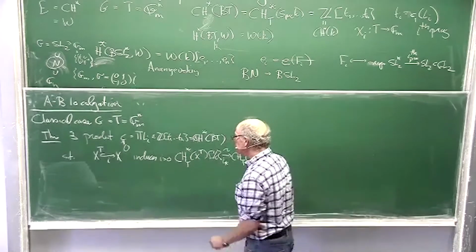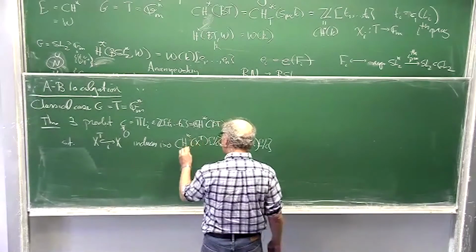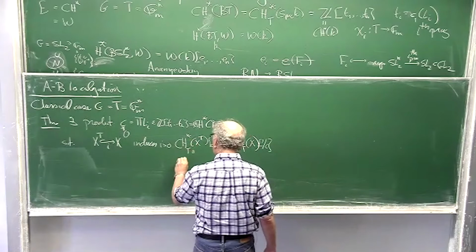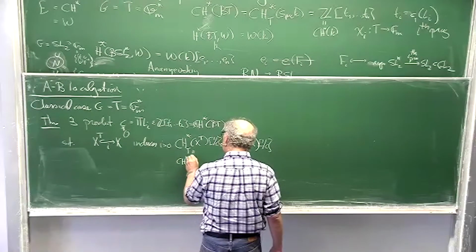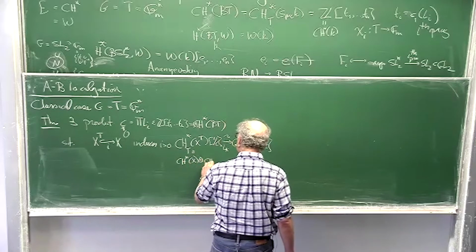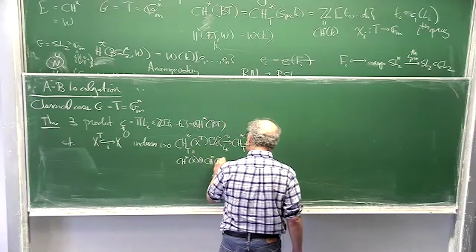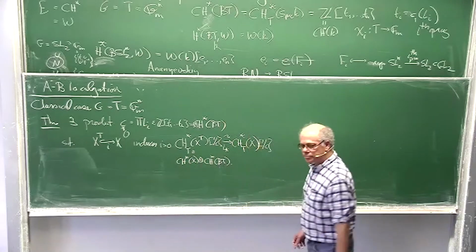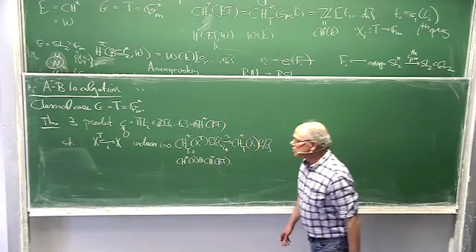And also this thing, since now this has a trivial action, this is just the usual Chow ring of X tensored with the Chow ring of E. Okay, so that's the first thing.